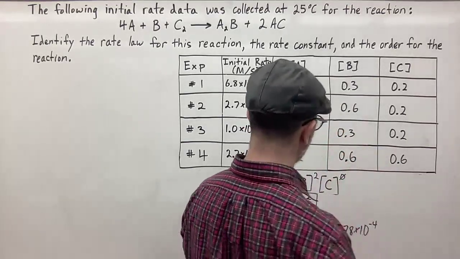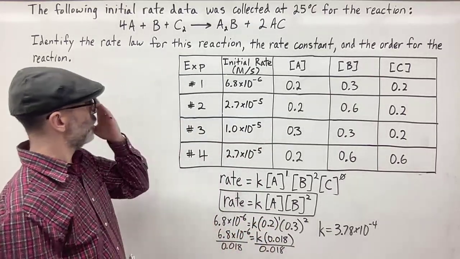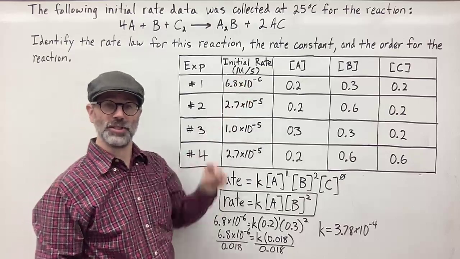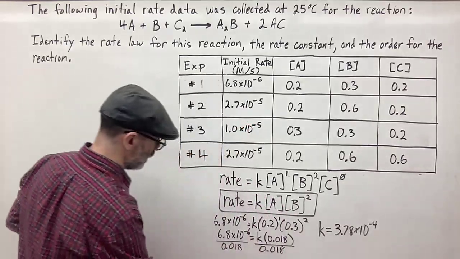Now we need to figure out the units for K. So we got to go back here. Now the units for the initial rate is molarity per second, right? So this would be molarity per second.